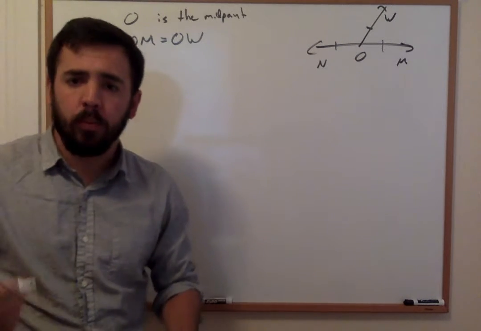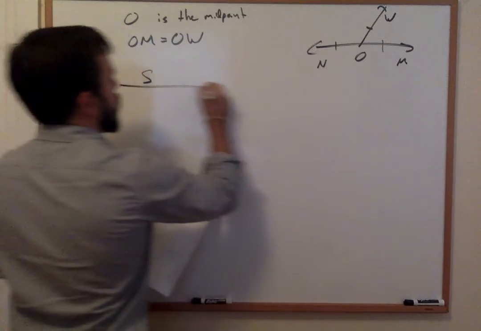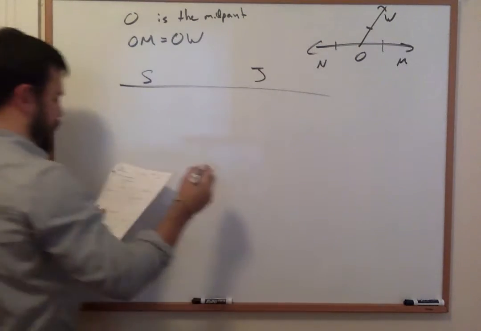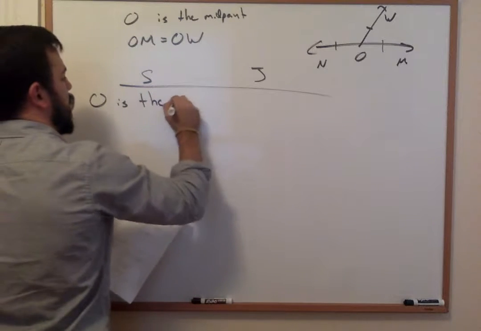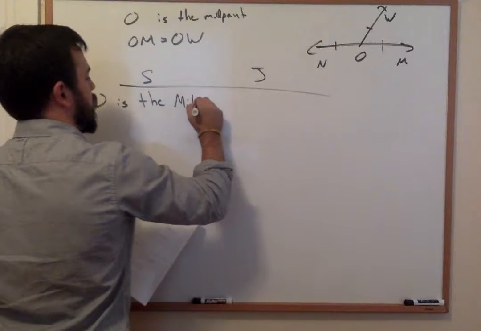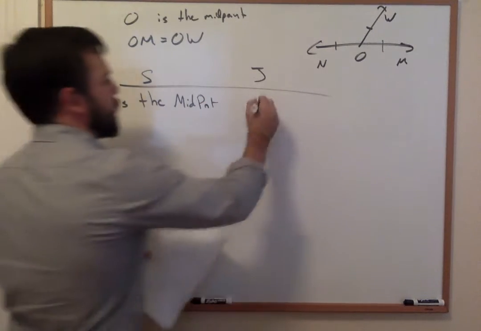We always want to start with a given. So, we have our statements and our justifications. O is the midpoint. Okay, that's given.